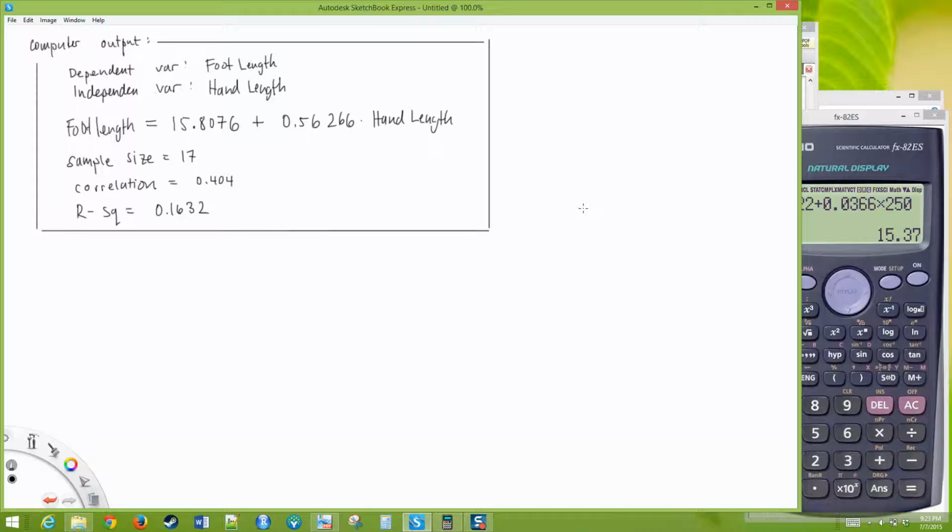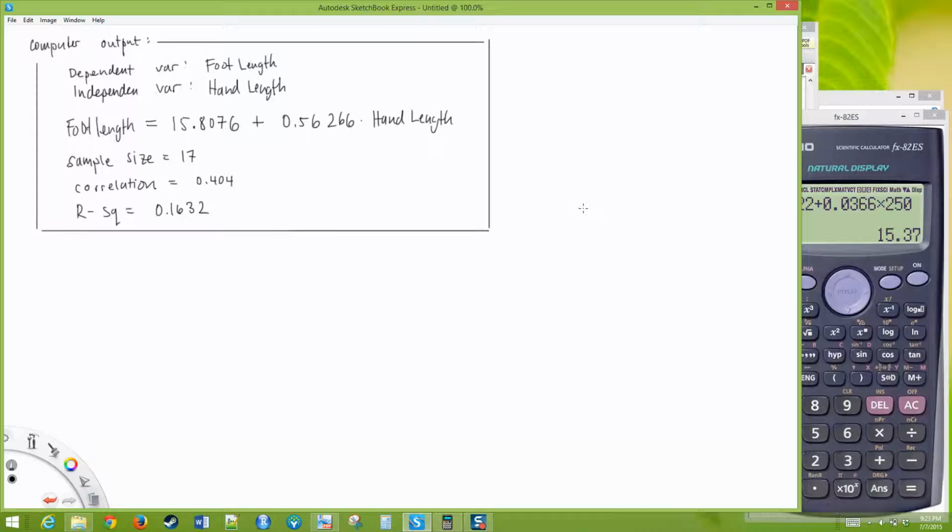So based on what you see here, what's going on? I'll let you guys finish writing all of this down. What are we trying to predict? What are we using to make that prediction? What are we trying to predict?